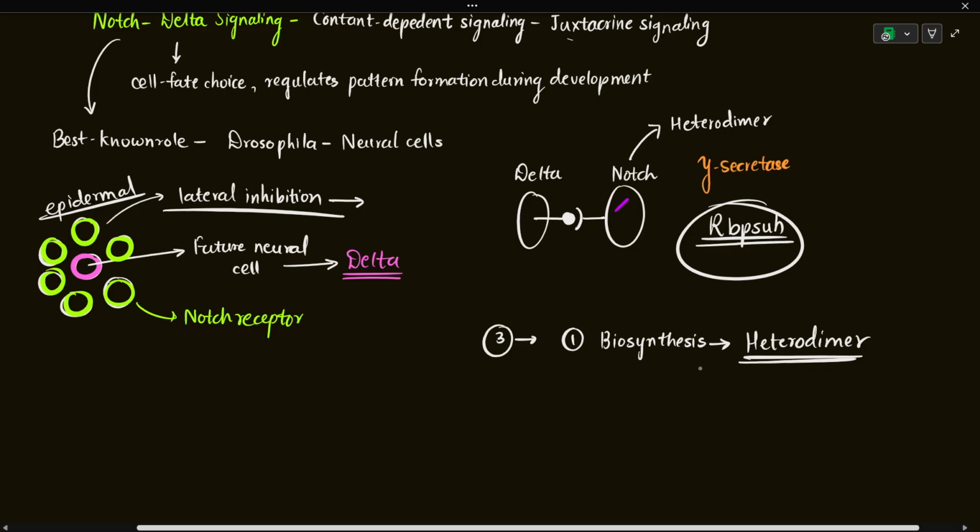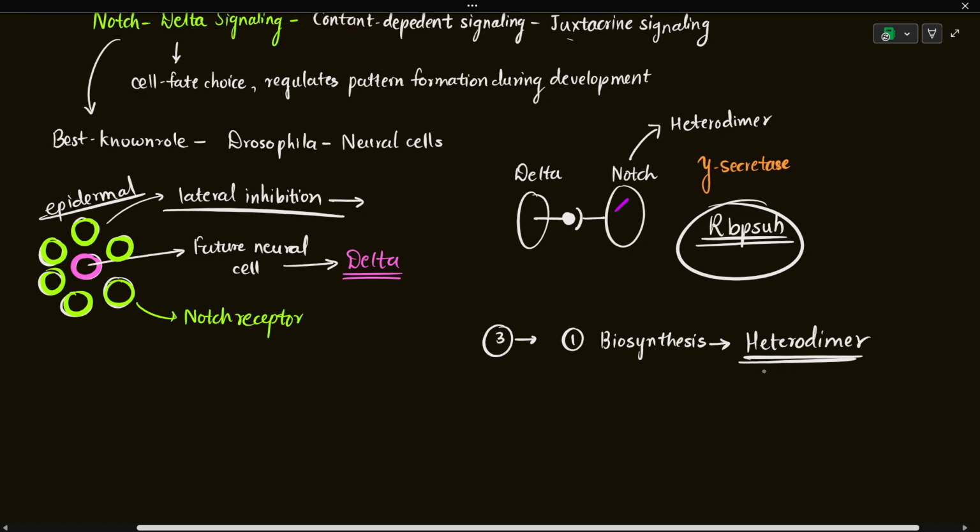So the very first cleavage that the Notch receptor undergoes is during biosynthesis, and this cleavage converts the Notch receptor into a heterodimer. It is done in the Golgi apparatus.